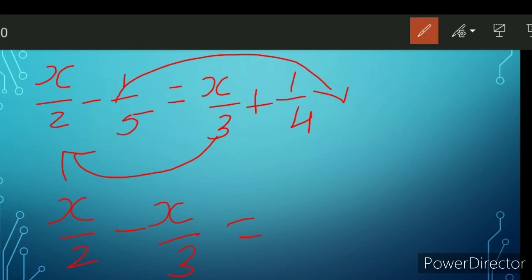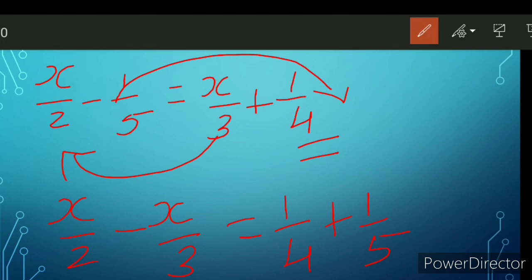On the right hand side, 1 by 4 is already there, write as it is. Then minus 1 by 5 brought to this side will become plus 1 by 5. Understand? First step, what I did, just transposing the terms.